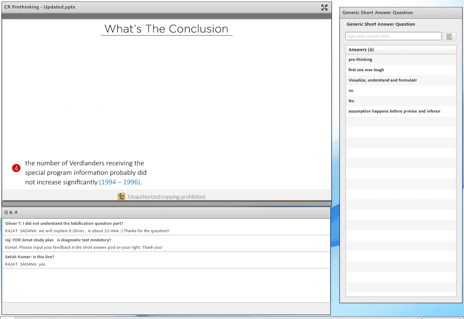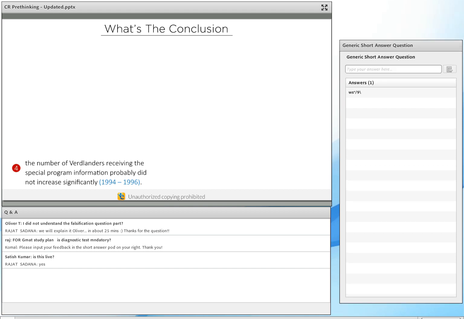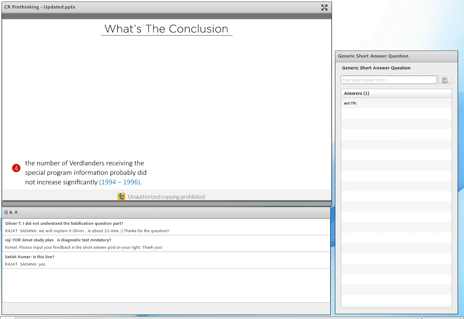So what's the conclusion? Let's visualize this. What is the conclusion? The number of Verlanders receiving special program information did not increase a whole lot during this time. Okay, everyone agrees with the conclusion? Okay, so let's visualize this conclusion, and I want you to really do this in your own words.